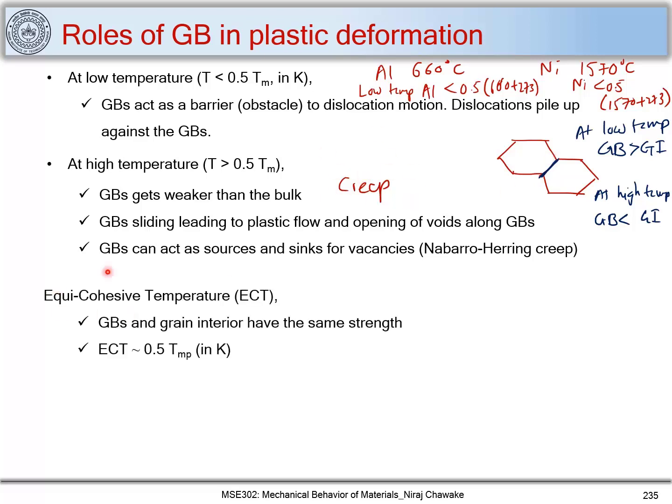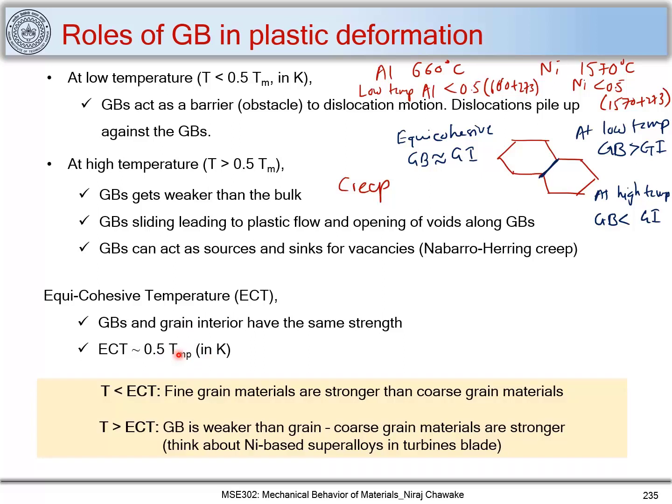There is an equicohesive temperature, where you can see that the strengths are equal. When I talk about the equicohesive temperature, the grain boundary strength is nearly equal to the grain interior strength. This simply comes to around 0.5 of the melting point of that alloy or metal.